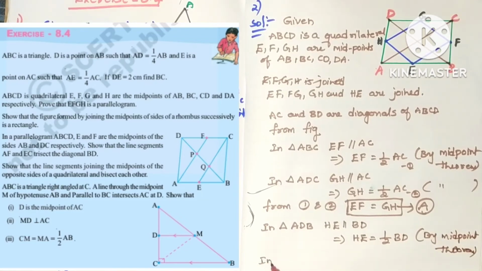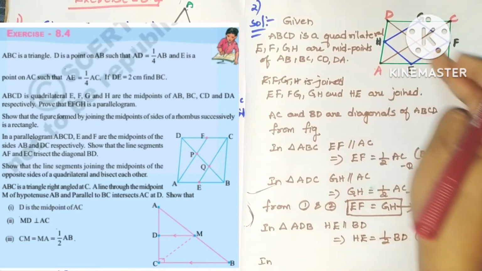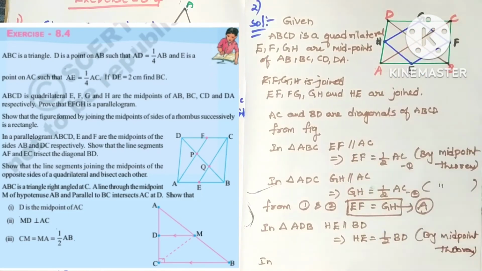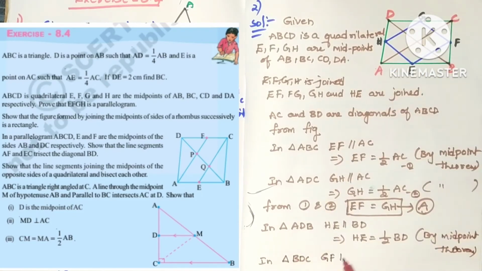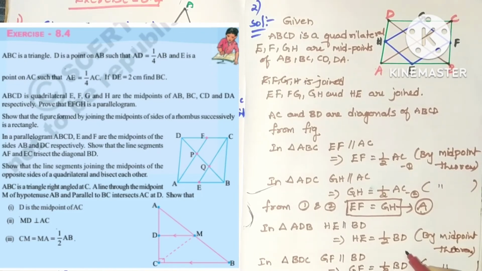So now another side, this triangle BDC. Now in triangle BDC, GF is parallel to BD. So that implies GF equals half BD. Again, this is also by the midpoint theorem.